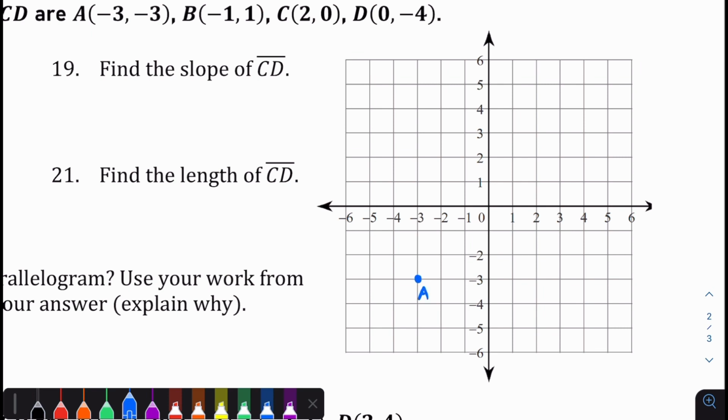So there's A. B is at -1, 1. C is at 2, 0. And D is at 0, negative 4.